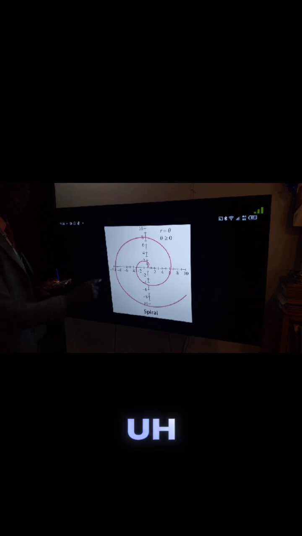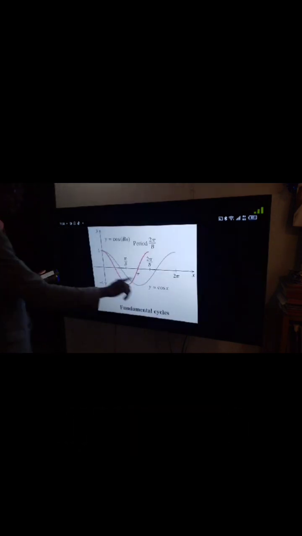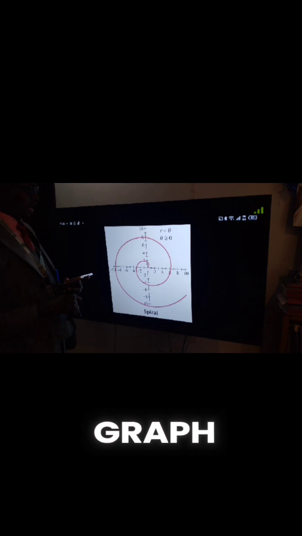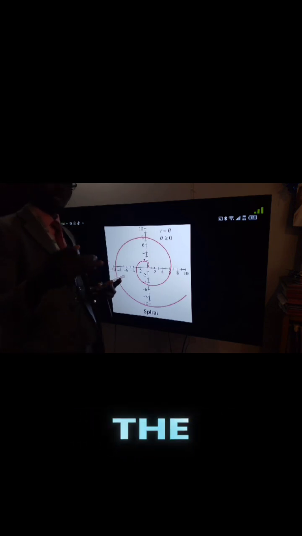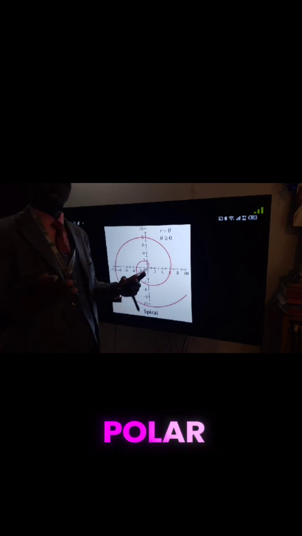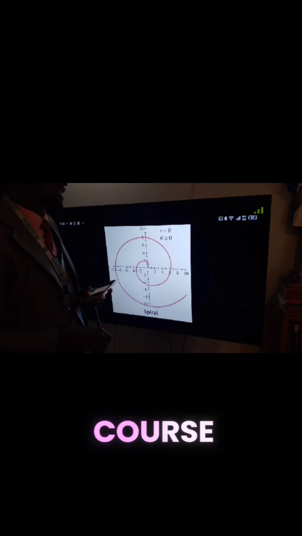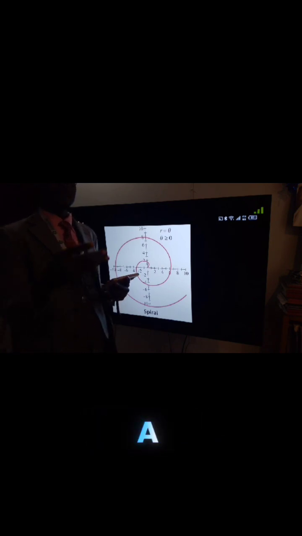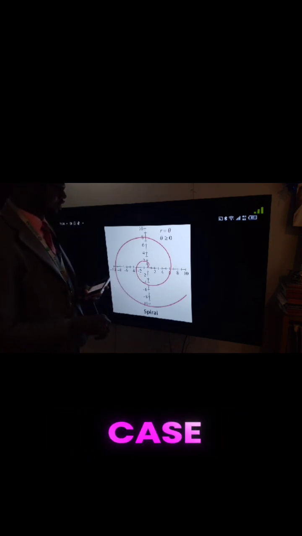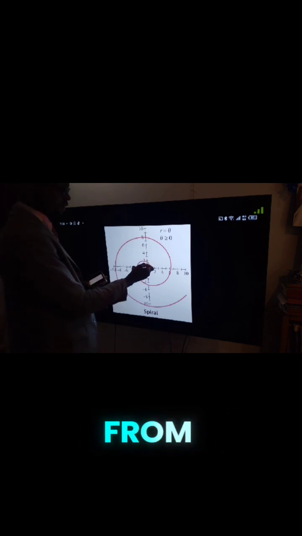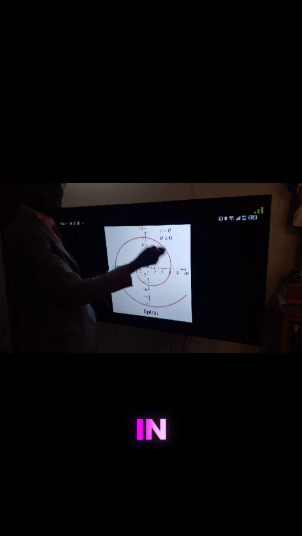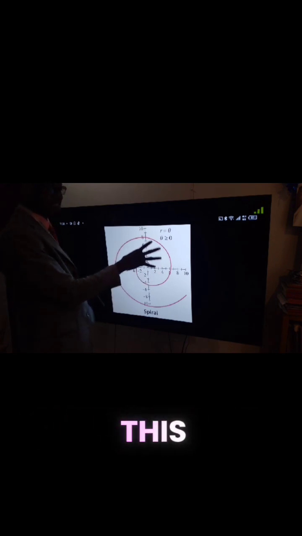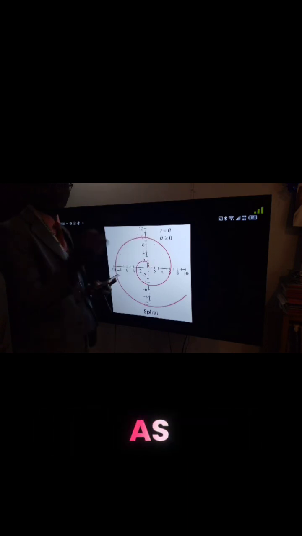So we have the third graph. This third graph is what we call the polar graph. Of course, it is a spiral because it gives you an idea of how a spring looks. In this case, we see a graph that starts from the origin and goes in this manner, moving in a circular way, but this is a spiral graph known as the polar graph.